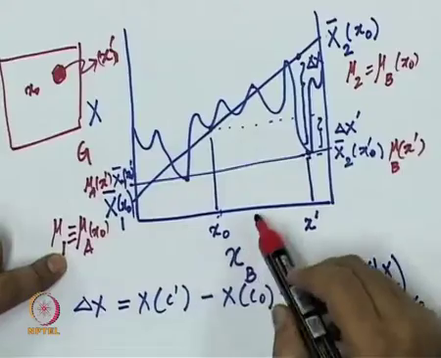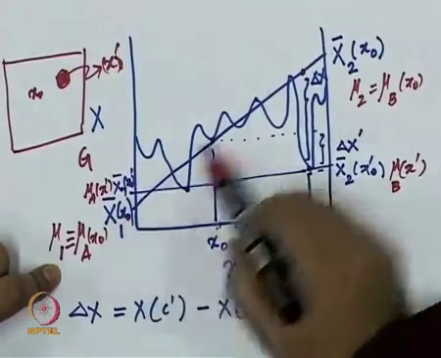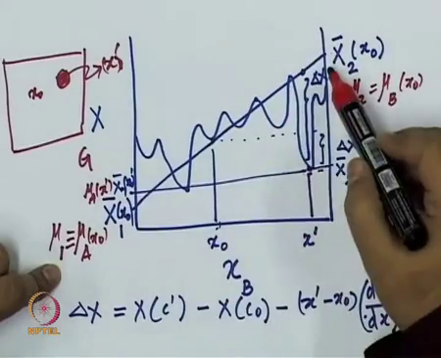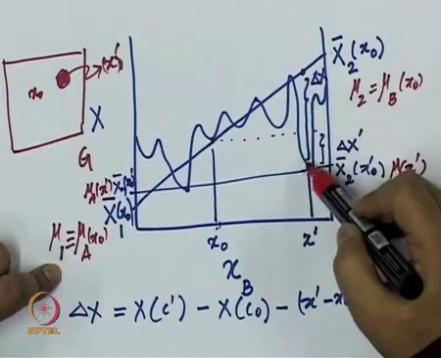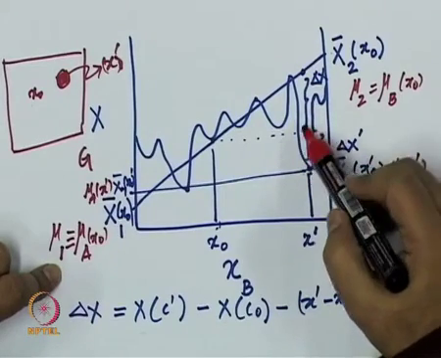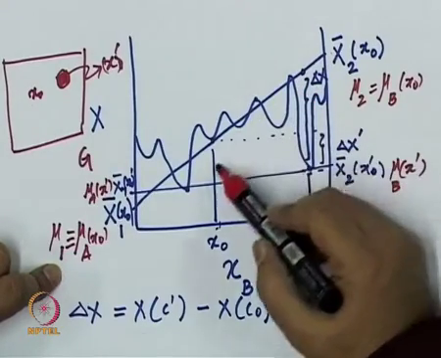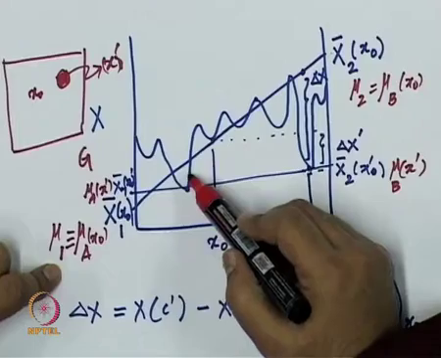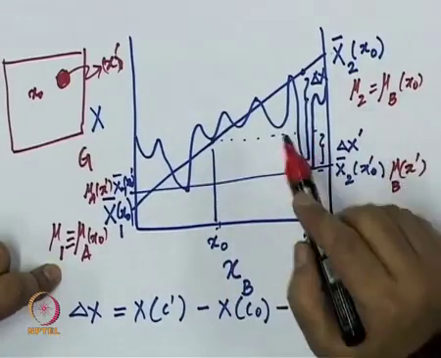As you can see from the geometric interpretation that we gave, let us go back to this curve, which was the property versus composition curve. You can see that at any composition, if I draw a tangent, for all the points which are lying below the tangent, this quantity is going to be negative, which means the free energy change is going to be negative.